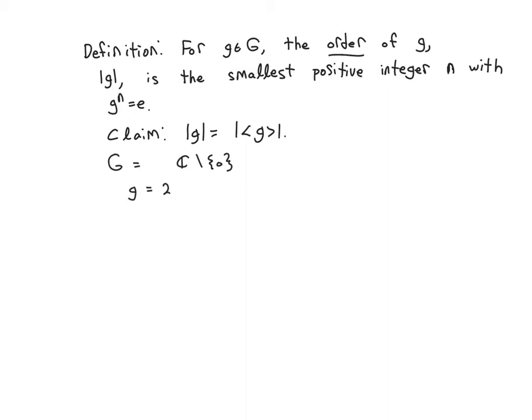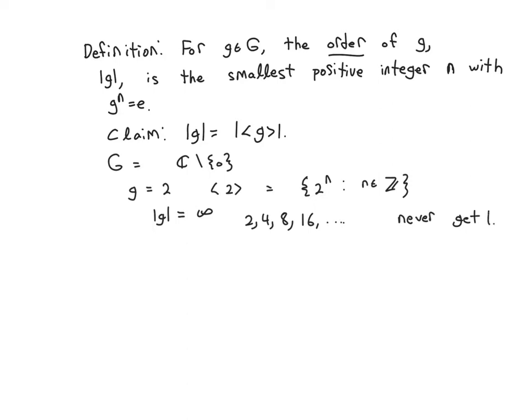As we already saw previously, the cyclic group generated by 2 is all powers of 2, both positive and negative powers. And so that set has infinite order. In other words, if you keep multiplying 2 by itself over and over, you're never going to get 1. So it has infinite order.